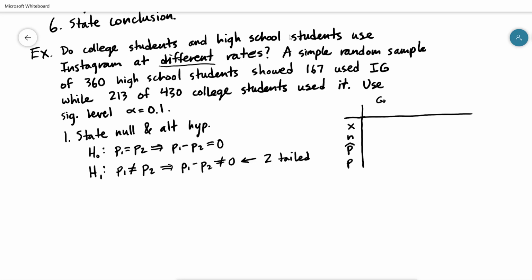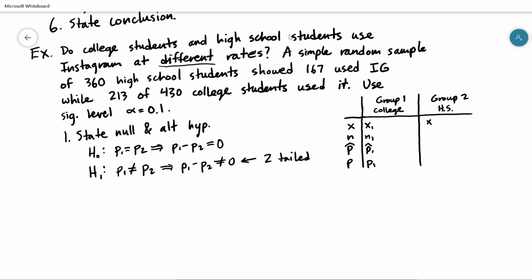And we've got group 1 and group 2. And we get to pick which one we want to call high school students, which one we want to call college students. So in this case, I'm going to call this group college and this group high school. But you could totally pick it the other way around. It wouldn't actually affect the end result of this.